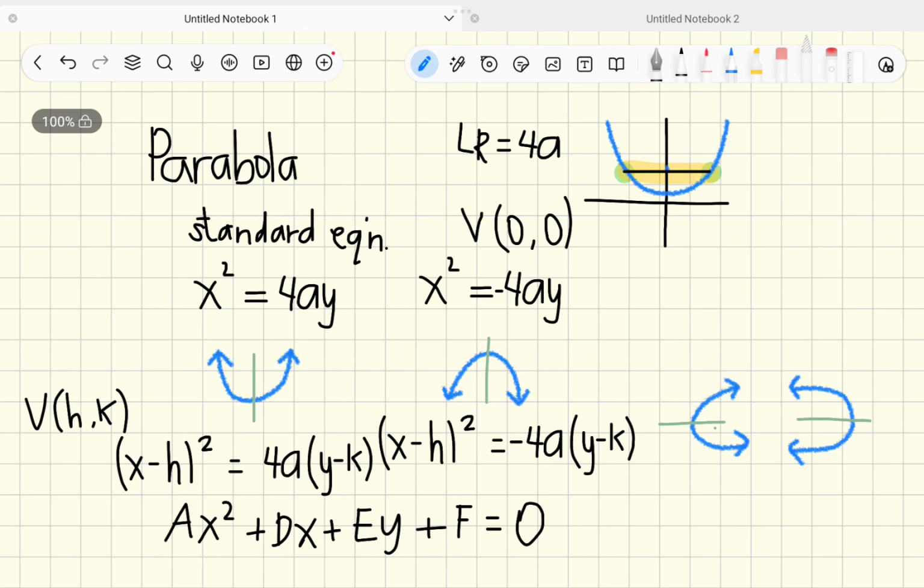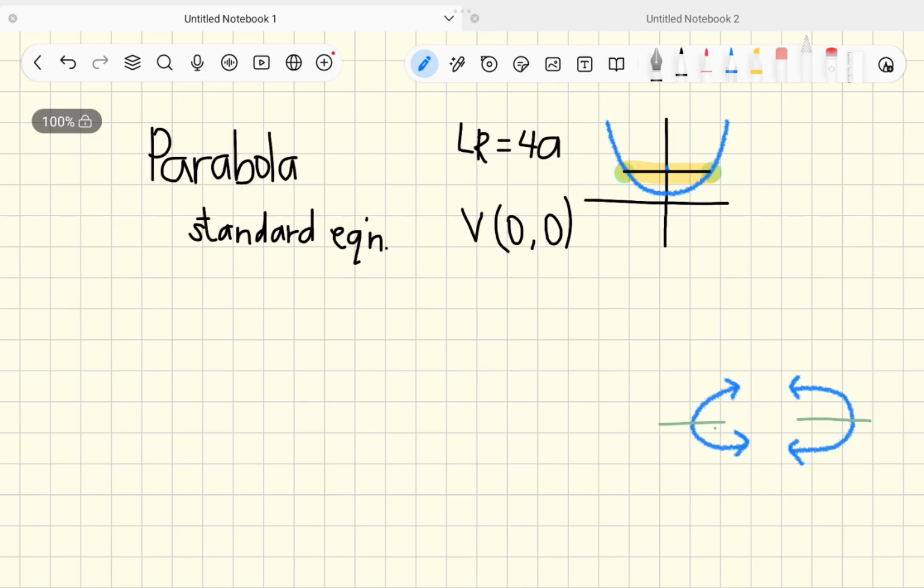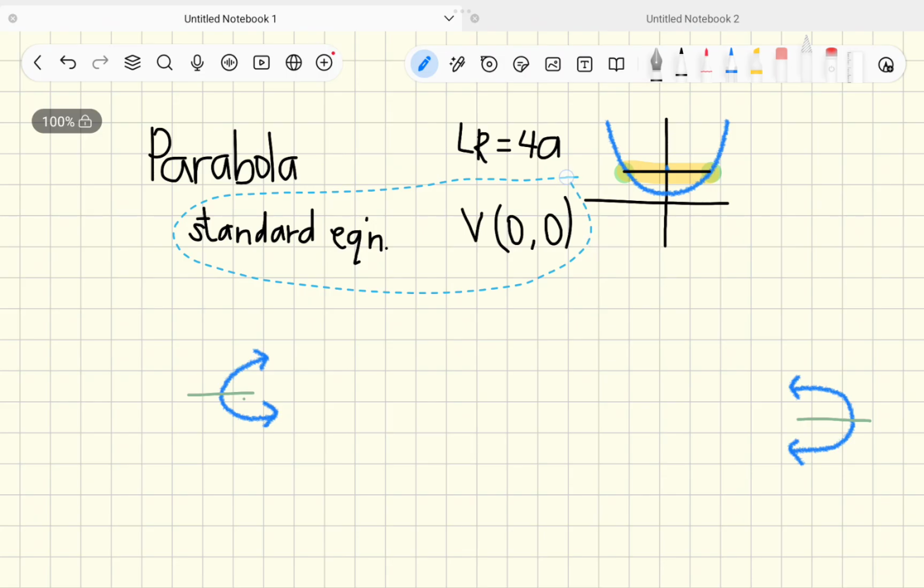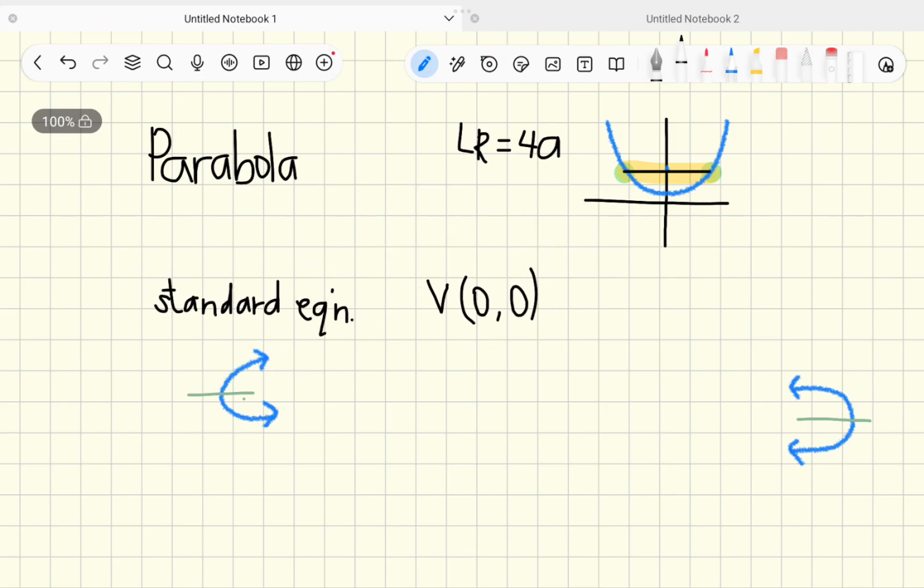How about for parabolas facing left or right? Their standard equations come from the second general equation, in the form cy squared plus dx plus ey plus f equals 0.